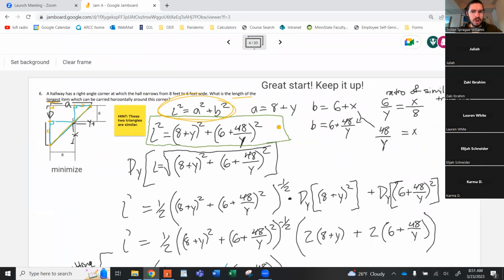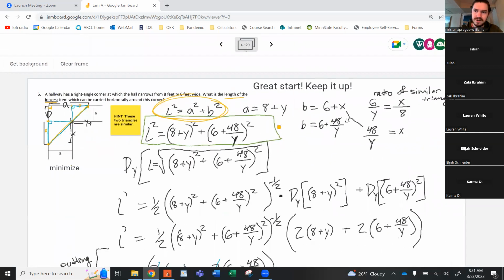But then the real key constraint here comes from this idea of similar triangles. So this was my hint here, to draw these two little blue triangles. Those are similar to each other, and that gives us a relationship.